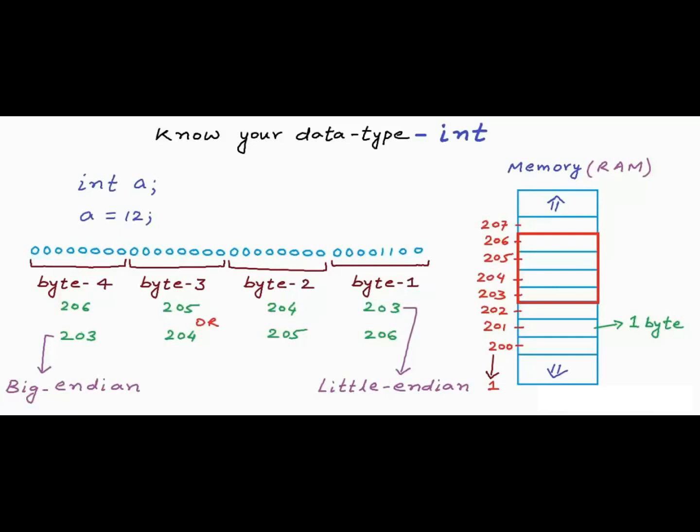Let's assume that our memory here has Little Endian architecture. So byte 1 will go at 203, byte 2 will go at 204, byte 3 will go at 205, and byte 4 will go at 206. So this is how data gets stored.